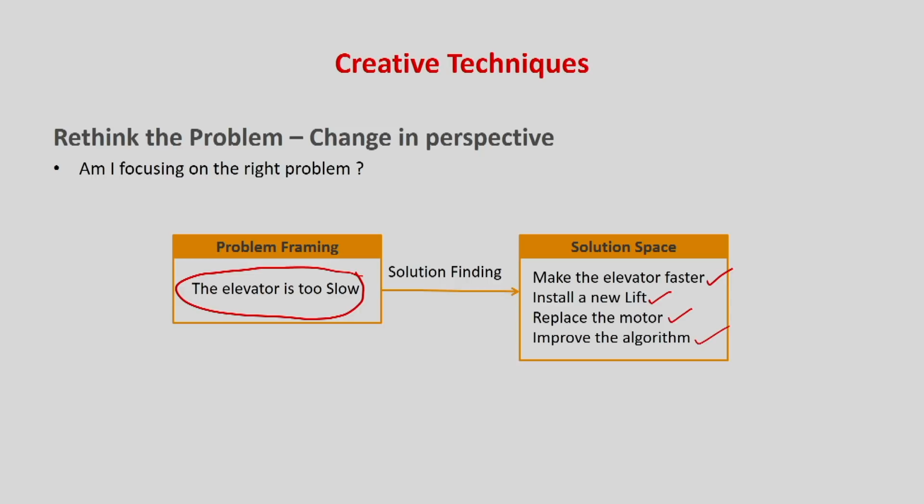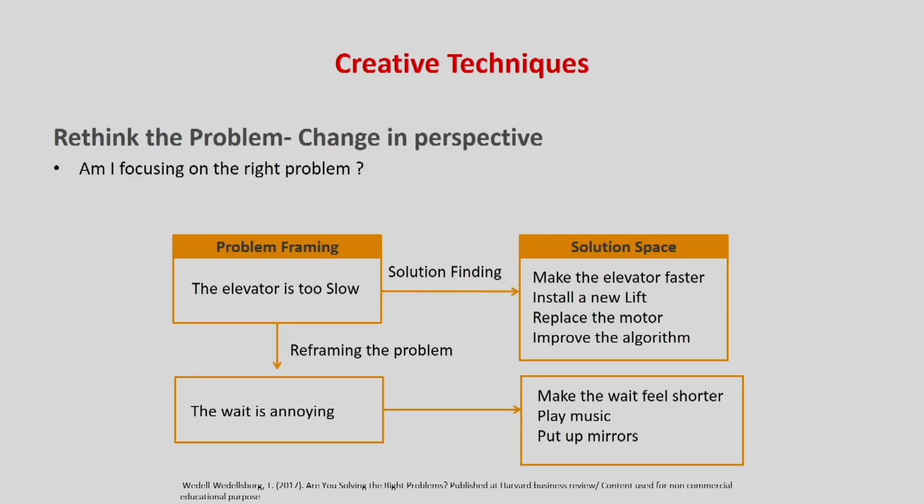Now, what happens if we change the perspective? We reframe the problem statement that we had initially discussed altogether. Let us see what happens. The moment we reframe the problem, you can see in this slide that we can think about the elevator being too slow as the wait being annoying.